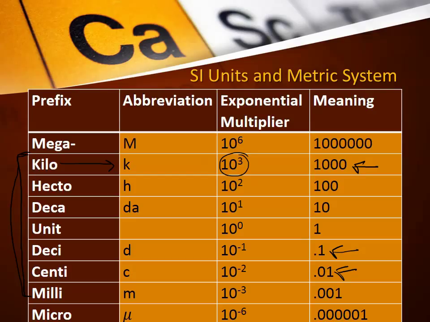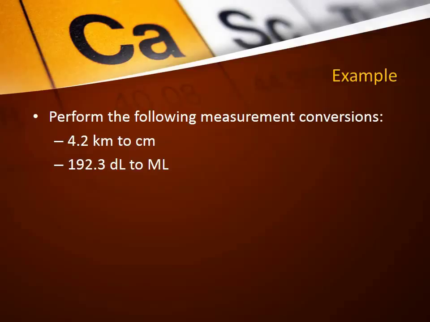And most places will teach you this chart, and then they'll move on and say, here's a different way to do it. So, let's actually try them. Let's try kilometer to centimeter. Now, I don't know anything that relates kilometer to centimeter.